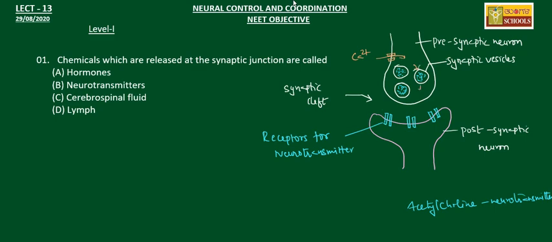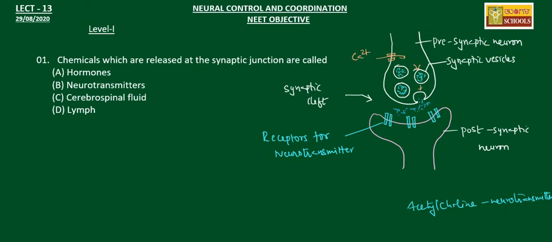The synaptic vesicle comes to the membrane and fuses with it, then breaks open, releasing neurotransmitter into the synaptic cleft.